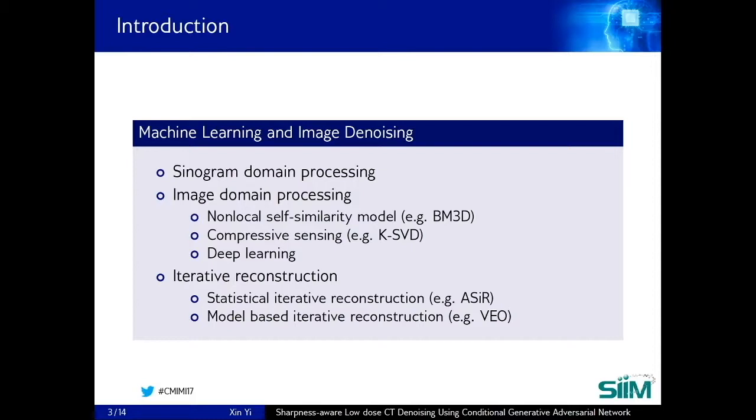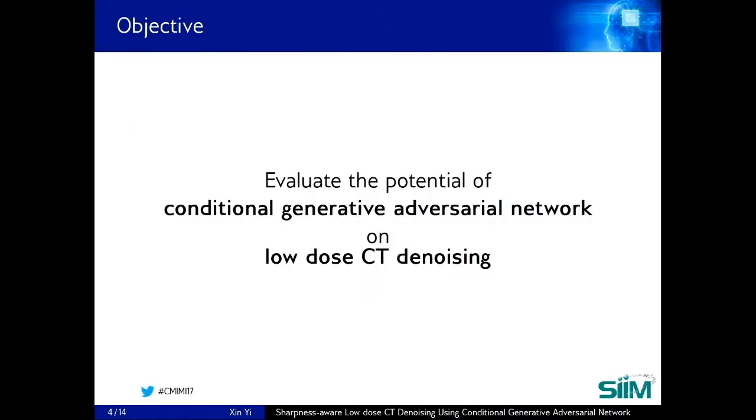Our work falls into the deep learning group, and we use an adversarial network trying to mitigate the over-smoothness problem. The objective is to evaluate the potential of conditional generative adversarial network on low-dose CT denoising.